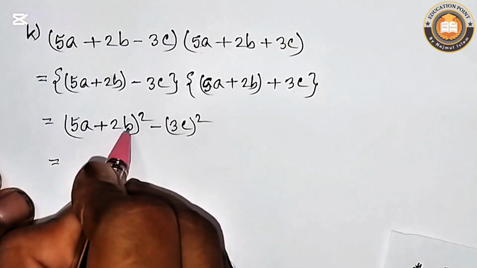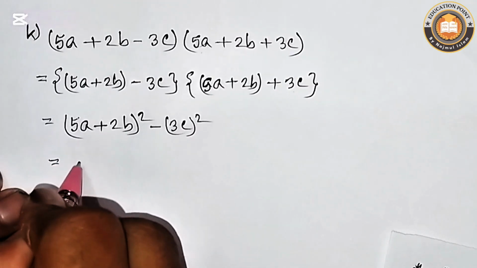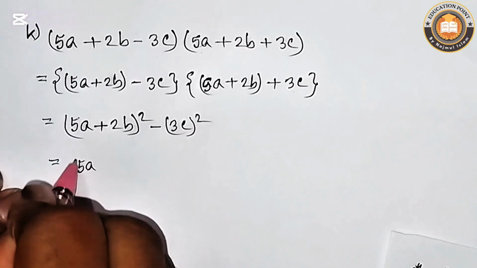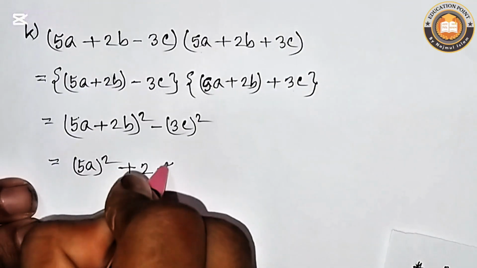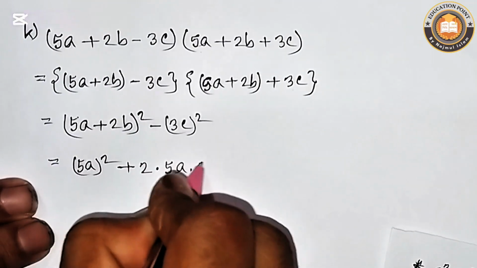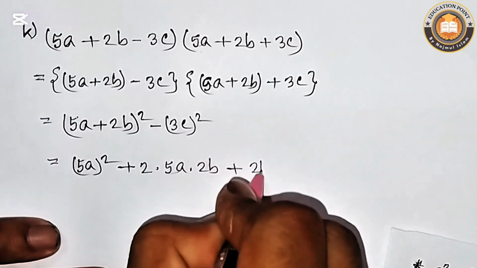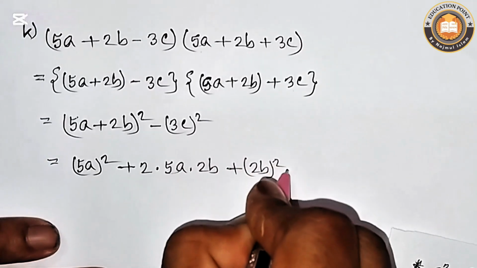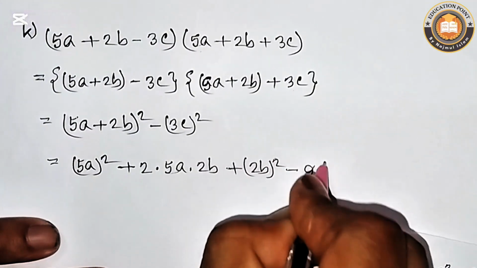Here we will apply the formula of (a plus b) whole square. Here a square means (5a) whole square plus 2 into a means 5a into b means 2b plus b square means (2b) whole square, minus square value of 3 is 9c square.